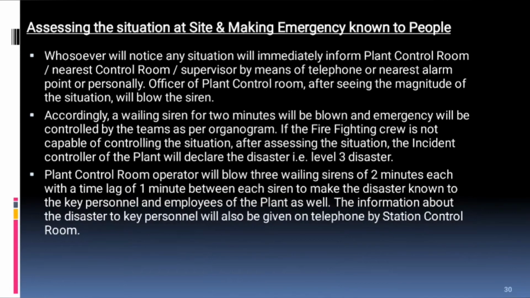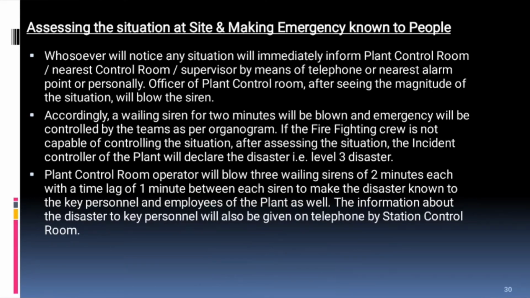Now we will see how the situation is assessed at a site and the emergency made known to the people. Whoever notices any kind of situation will immediately inform the nearest control room or a supervisor by telephone, nearby alarm point, or personally.